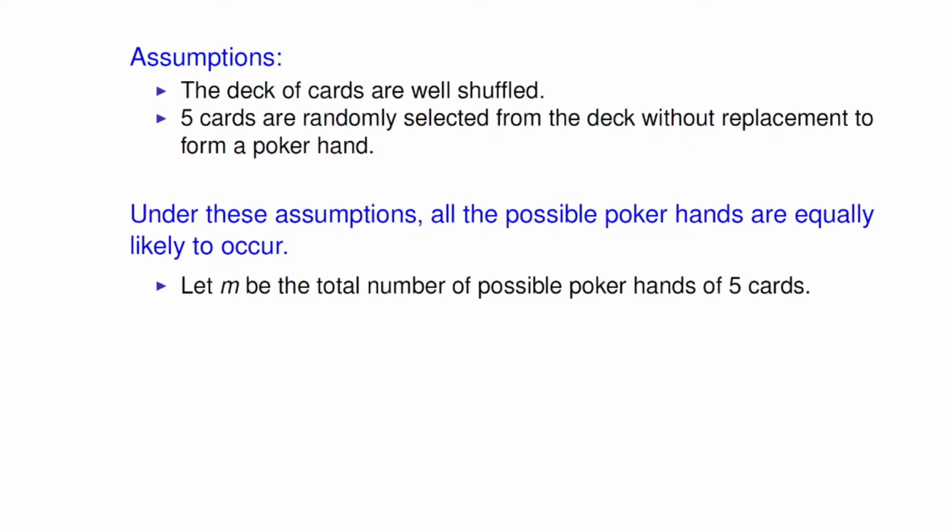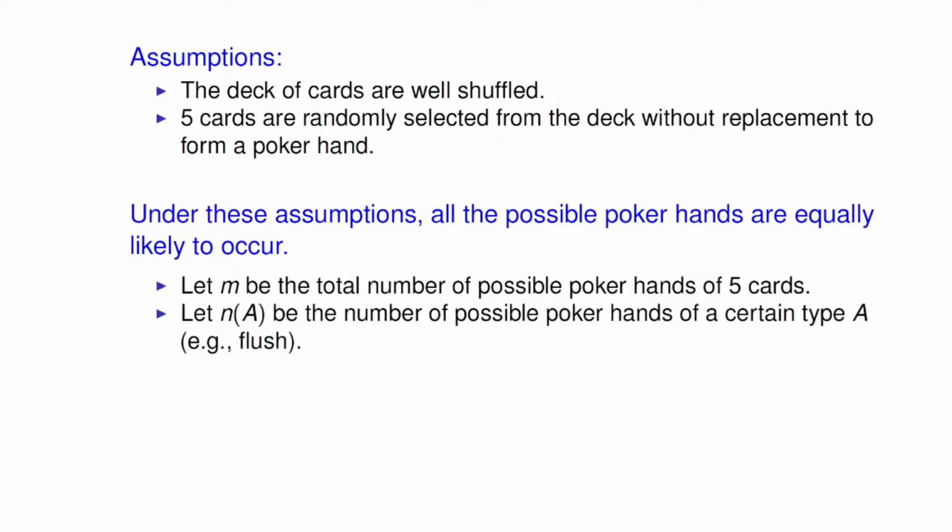Now, if we let M be the total number of possible poker hands of 5 cards, let N(A) be the number of possible poker hands of a certain type, for instance, flush.